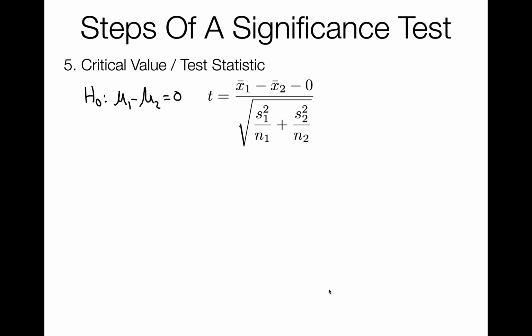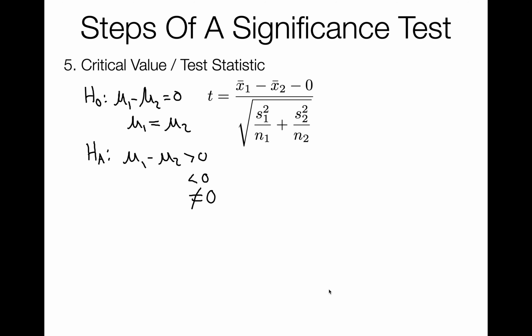That's the same thing as saying mu1 is equal to mu2, correct? If they're equal, then their difference is 0. And then I could write the alternative hypothesis like mu1 minus mu2 is greater than 0, or less than 0, or not equal to 0.